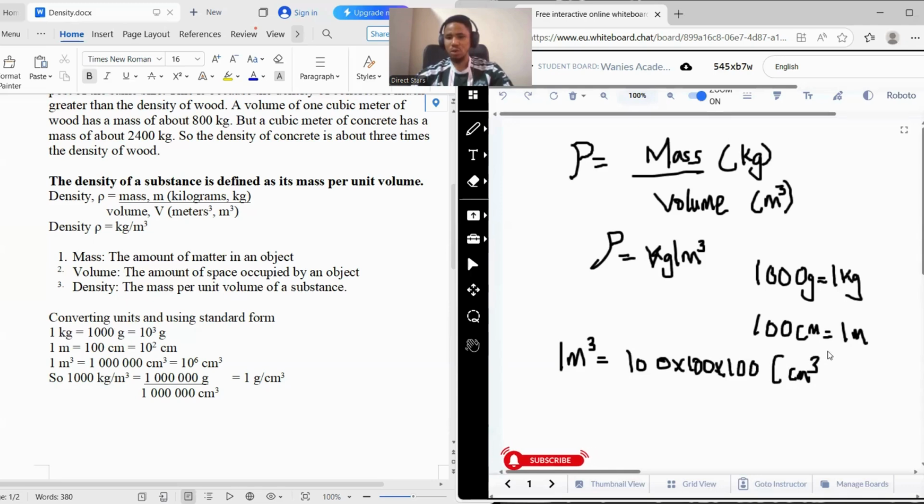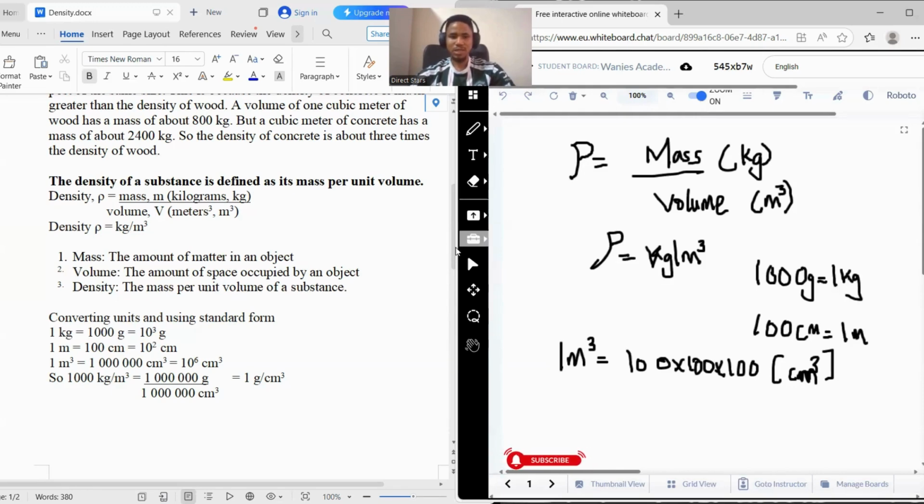That is how to convert meter cube to centimeter cube. 100 centimeter make 1 meter. Now we have the triple of this meter, so that's 100 times 100 times 100, which is centimeter cube. So if you want to convert centimeter cube to meter cube, then you divide by 1,000,000.